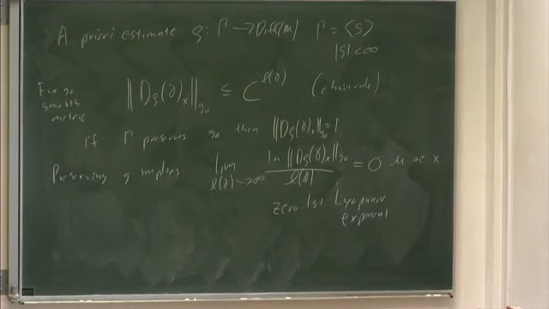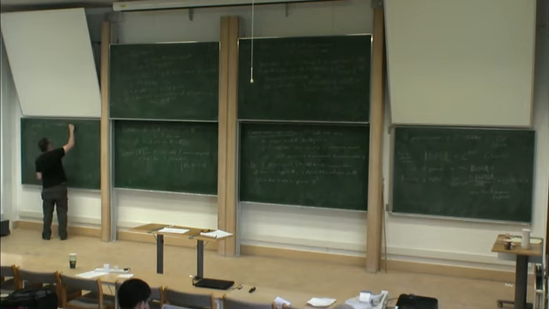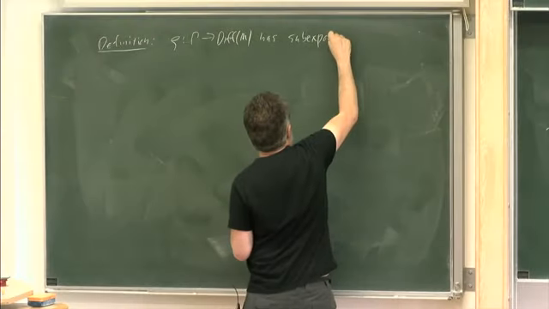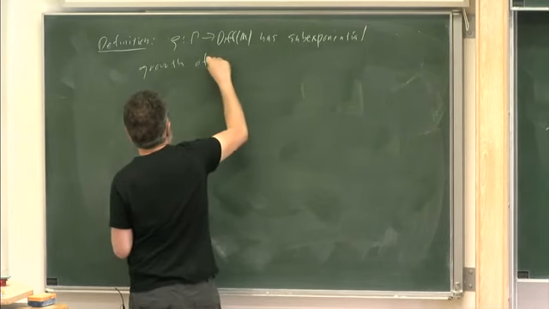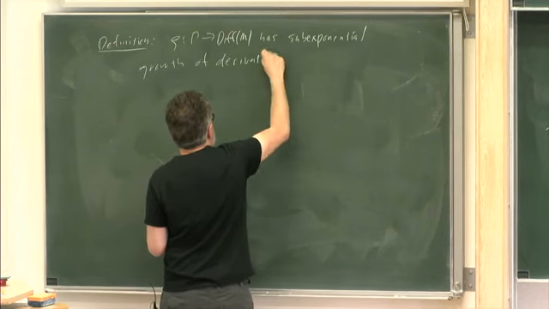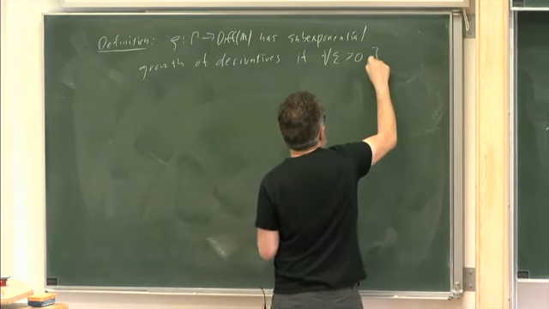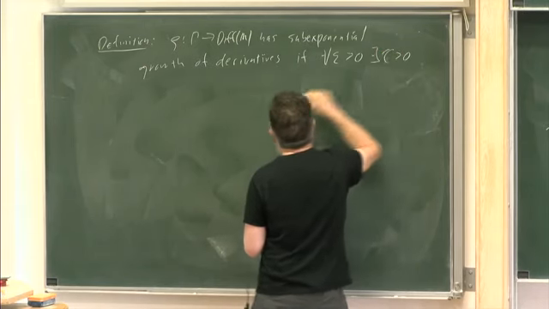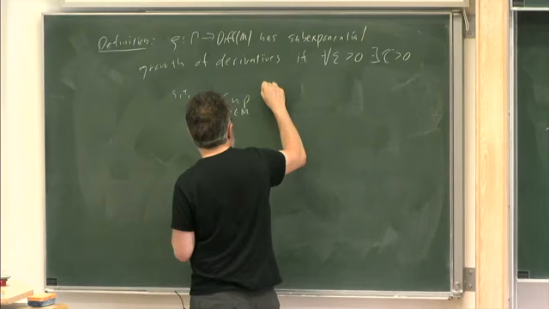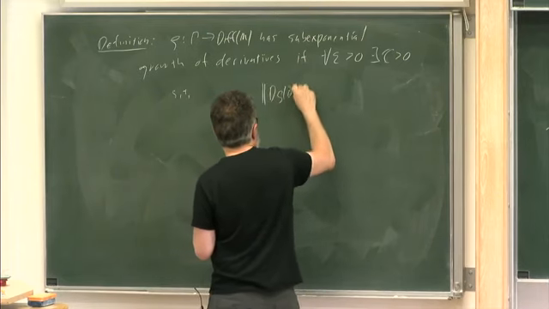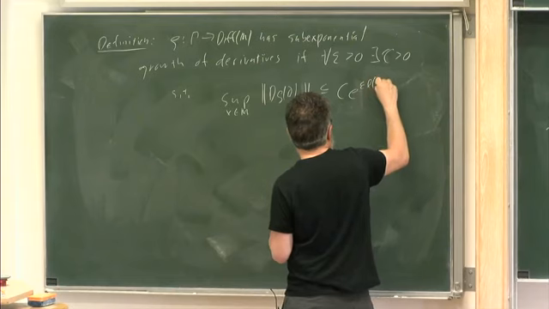So, rho from gamma to Diff(M) has subexponential growth of derivatives if, and let's get some quantifiers, for every epsilon greater than 0, there exists some c greater than 0 such that the sup over x in M of the norm of d rho gamma at x is less than or equal to c times e to the epsilon times the length of gamma.